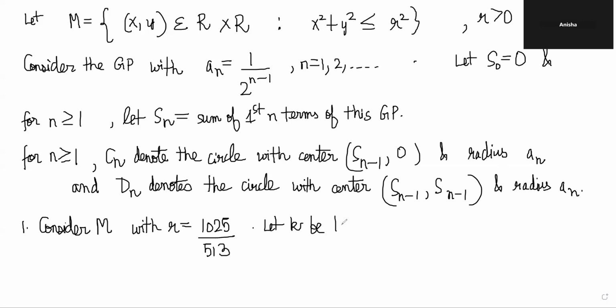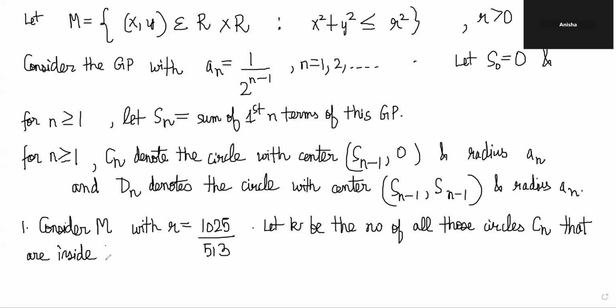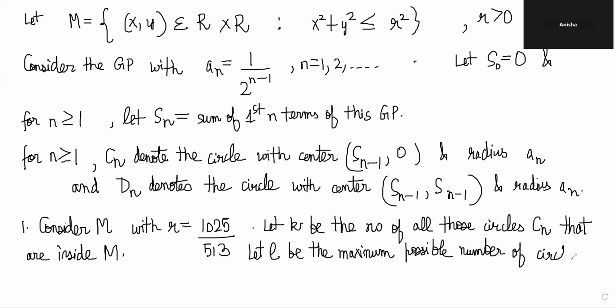Let K be the number of all those circles Cn that are inside M. Let L be the maximum possible number of circles among those K circles such that no two circles intersect.